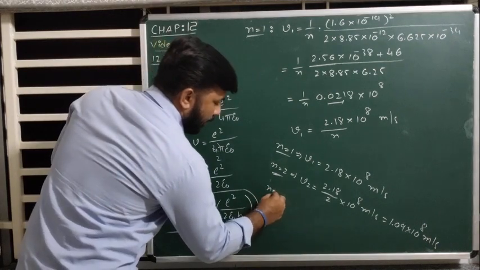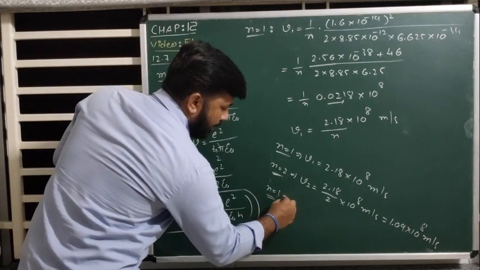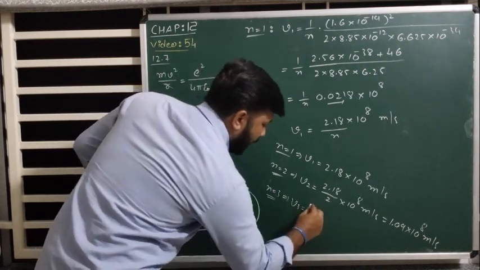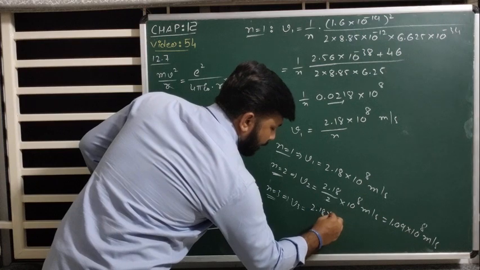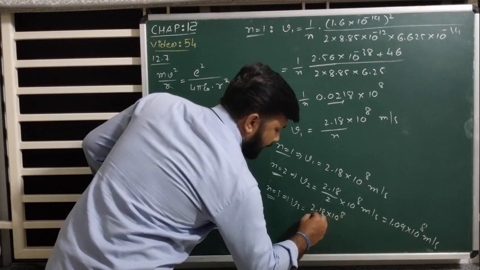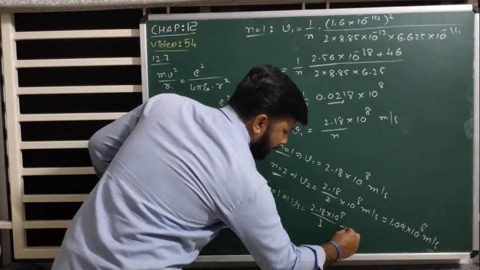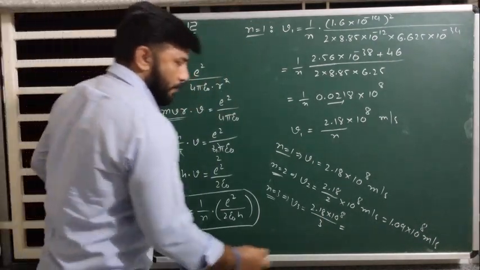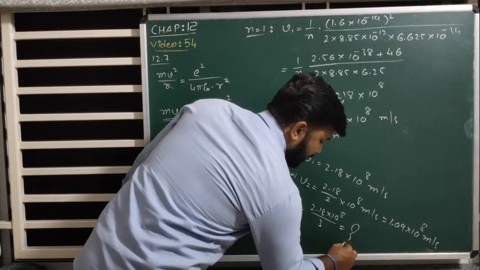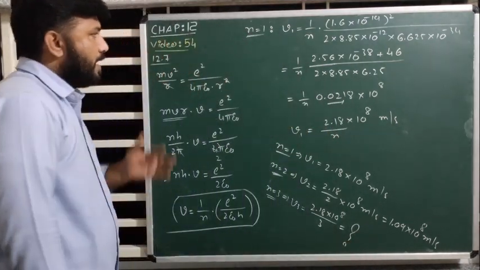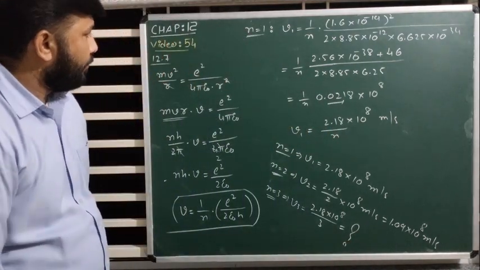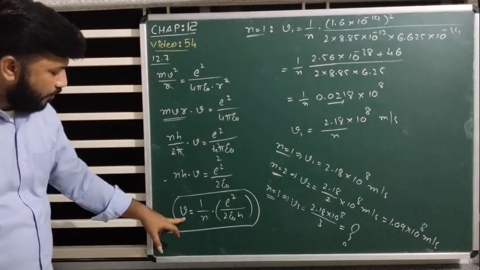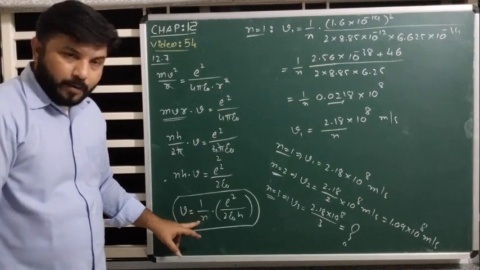Similarly, for n is equal to 3, v3 is equal to 2.18 multiplied by 10 raised to 8 divided by 3. Find the value by using calculation. See, very nice thing. By using this equation, find out v is equal to 1 upon n.